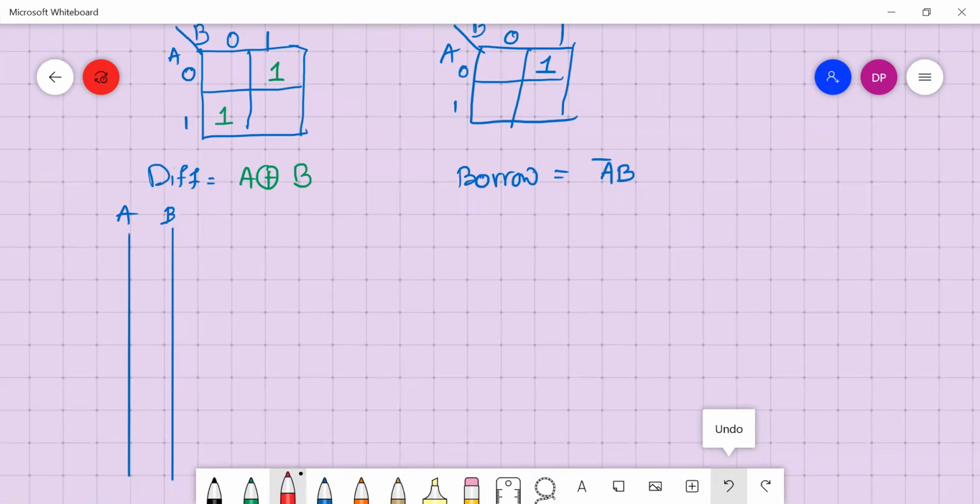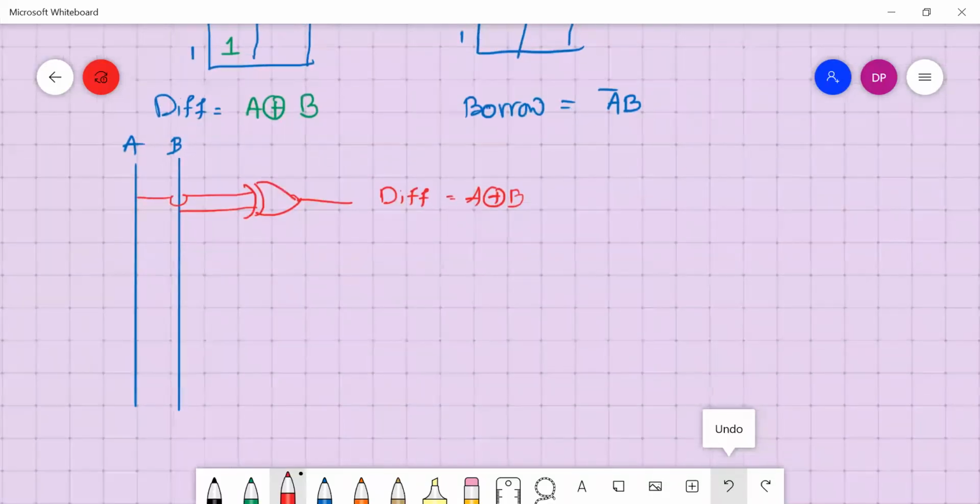So we'll take A and B. Take an XOR gate here, a two input XOR gate. So this is the difference term, which is equal to A XOR B, AB complement plus BA complement, right?